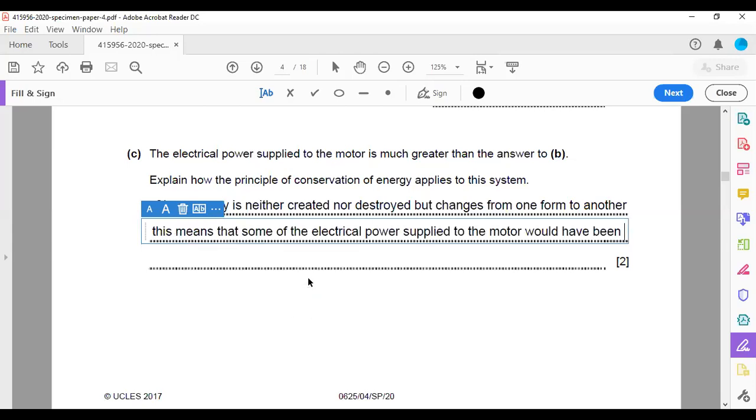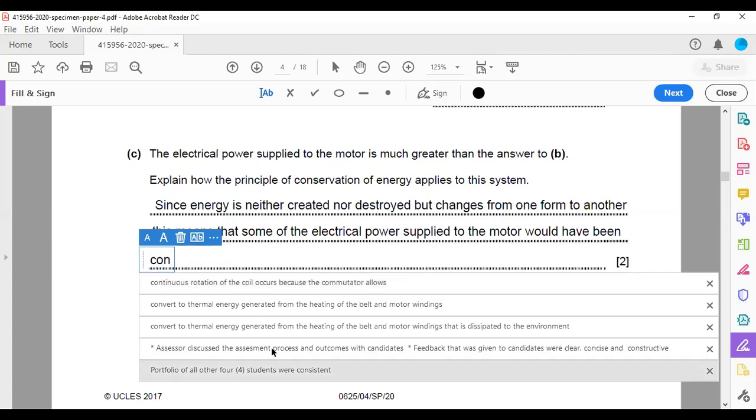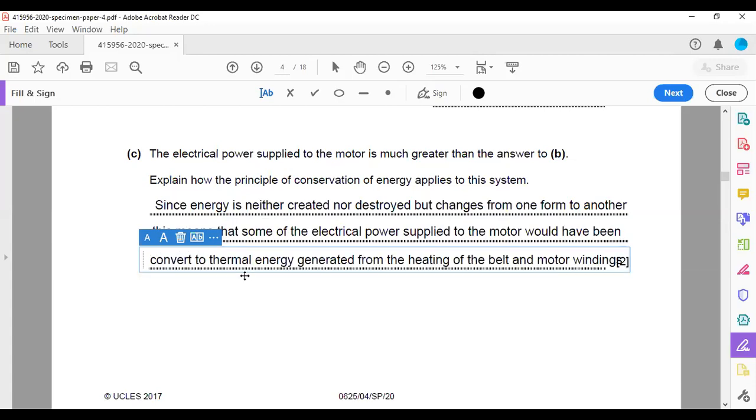This means that some of the electrical power supplied to the motor would have been converted to thermal energy generated from the heating of the belt and motor windings.